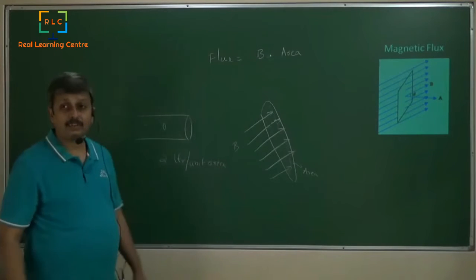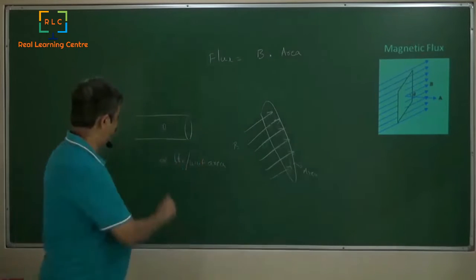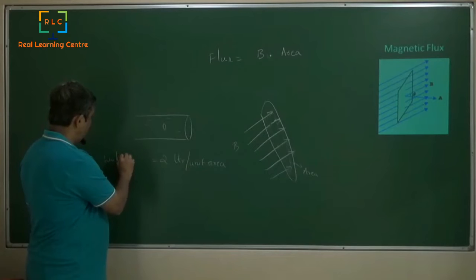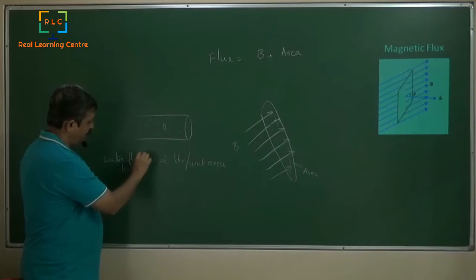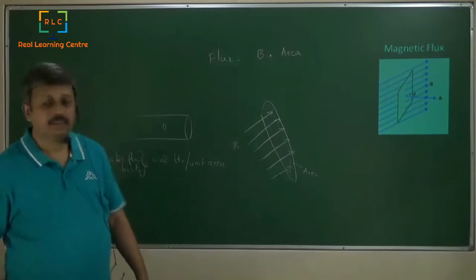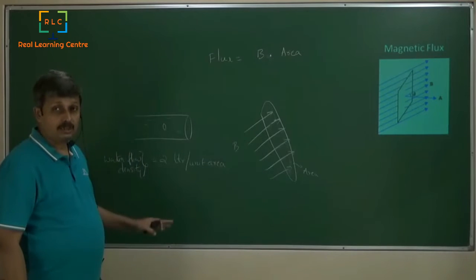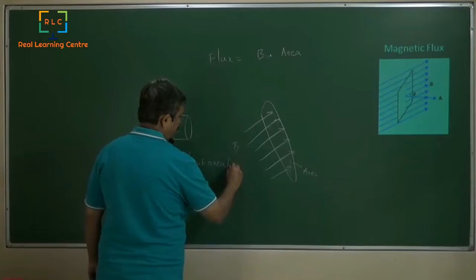I will call it water flow density. I'm just using a new word; I don't even know whether this is the correct word. So water flow density is equal to 2 liters per unit area per second.